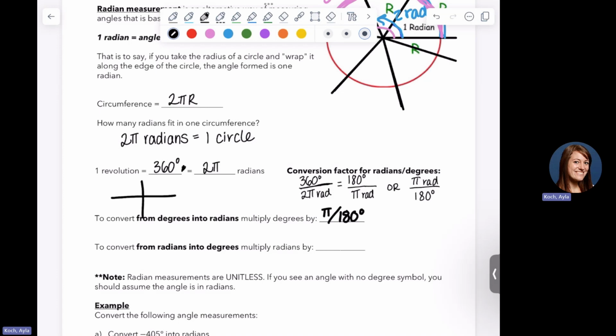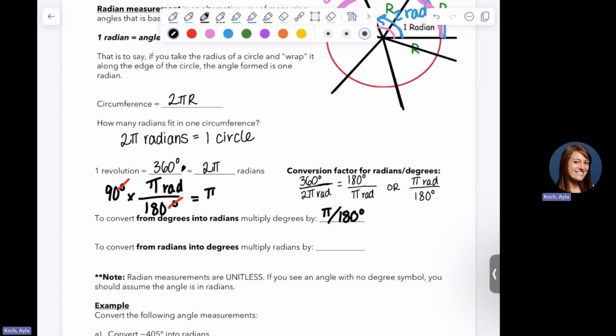If you're multiplying, let's say, 90 degrees by something to convert it into something else, you want degrees down here on the bottom so that the units cancel. Degrees, degrees, they cancel out. And this is pi radians.